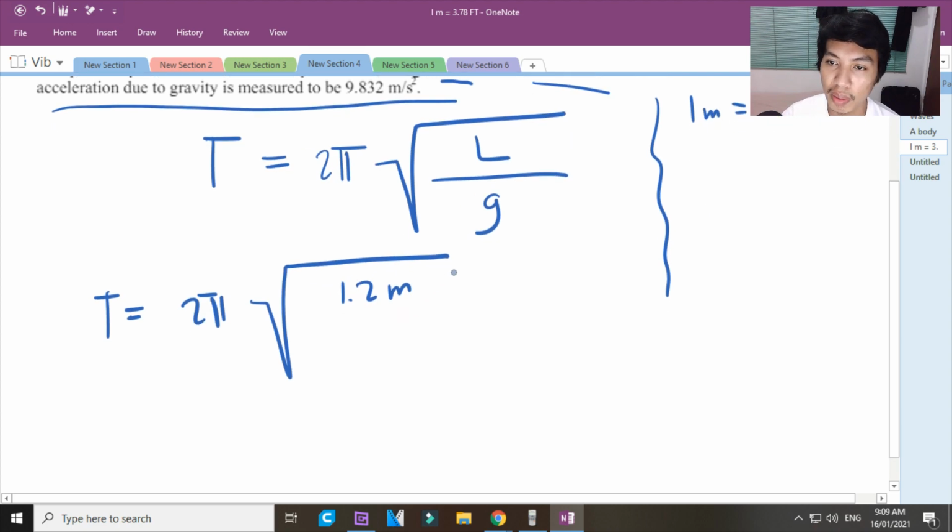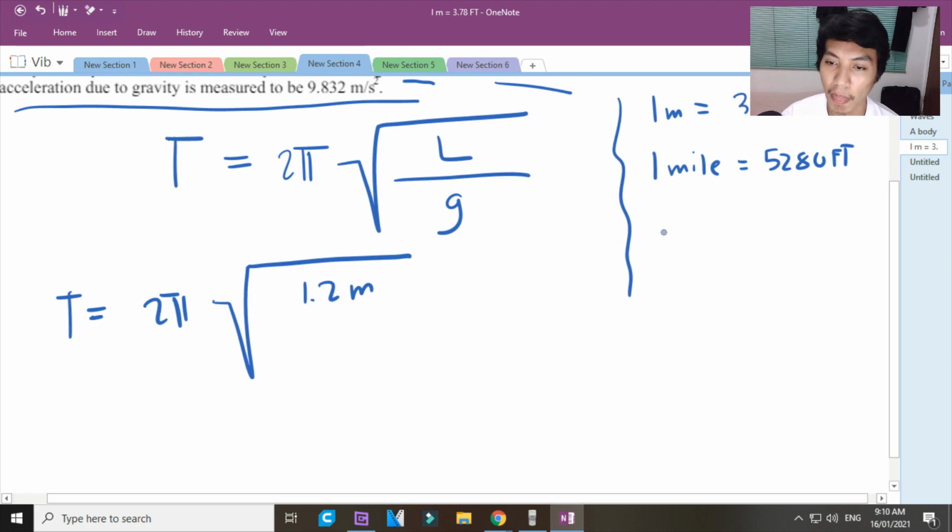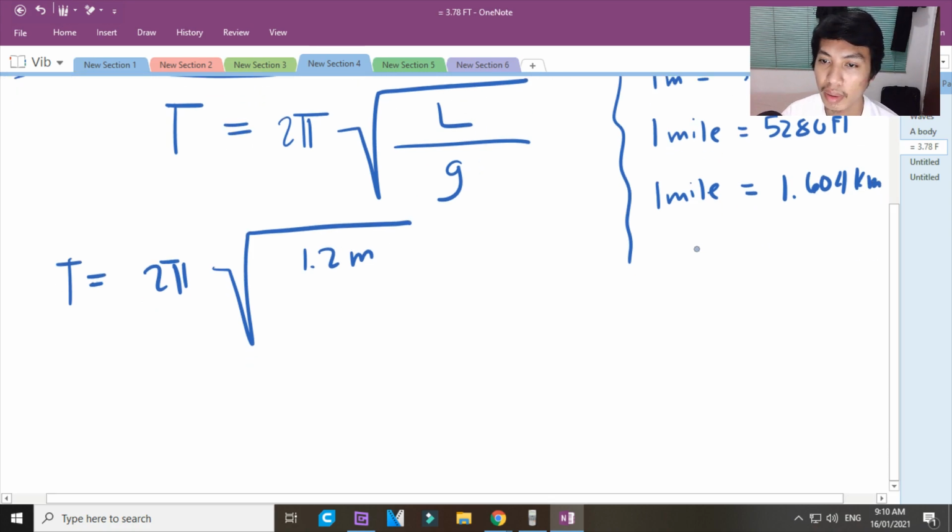Yan ha. 1 mile is equal to what? 5,280 feet. 1 mile is equal to 1.604 km. Ano pa? Mga basic natin sa inch. 1 feet, 12 inches. 1 fathom.